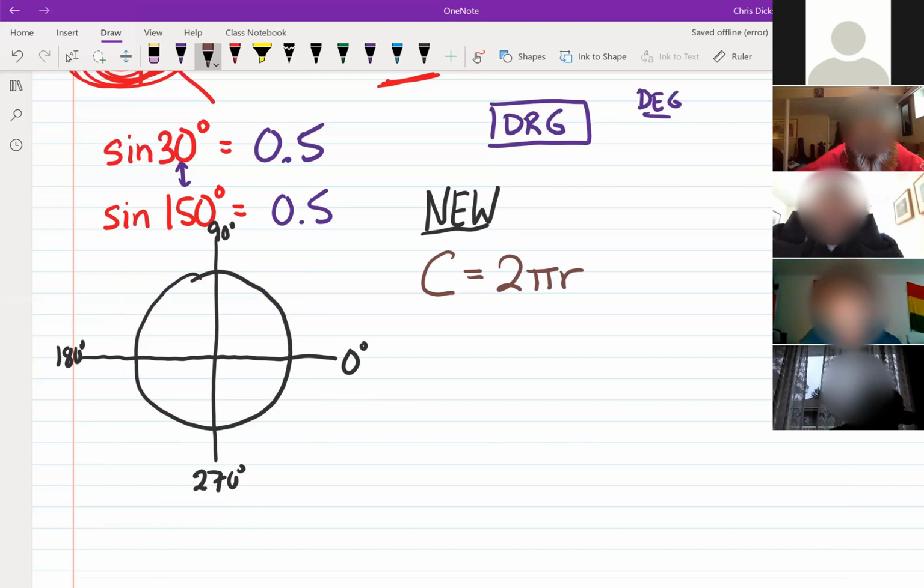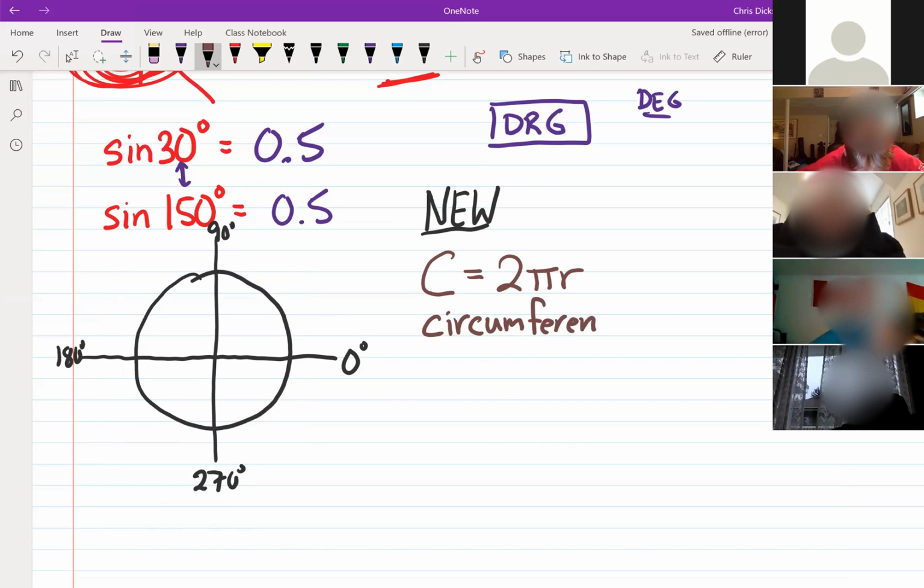Is there a meaning to that C? Well, that C is the circumference of a circle, and that means the distance around a circle. So to go around a circle is the formula 2 pi r. Also sometimes written as pi d, but we're going to work with the 2 pi r formula here.